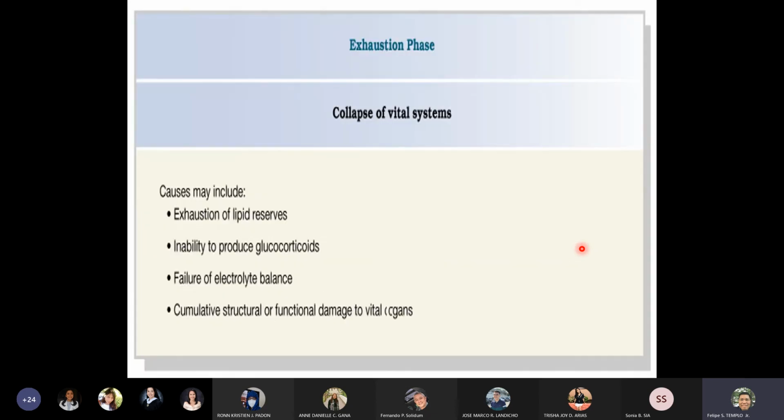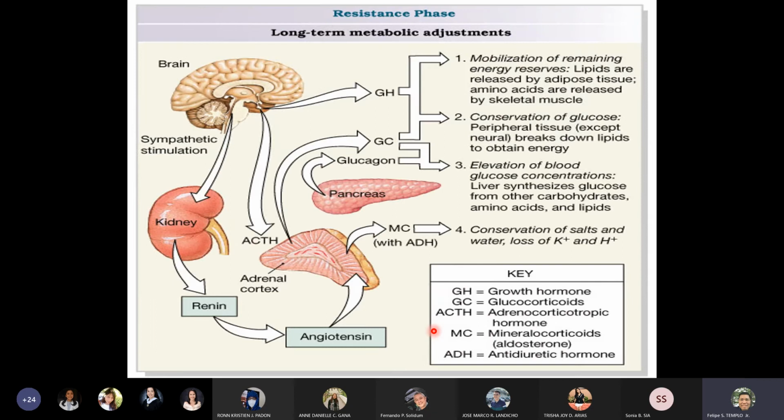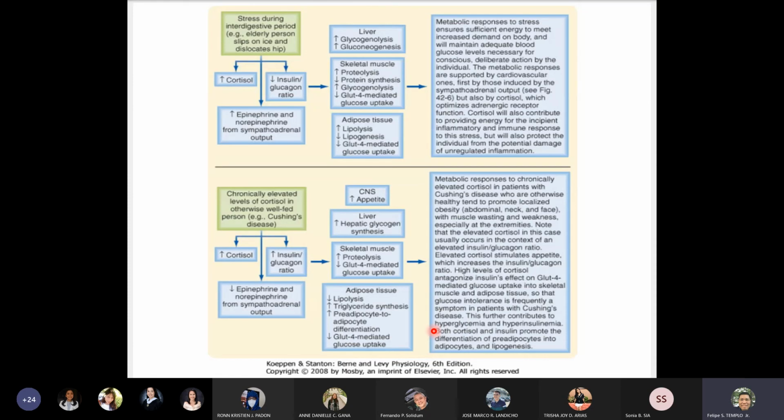And of course, over months or years, there would be a collapse of the vital systems, exhaustion of lipid reserves, inability to produce glucocorticoids, failure of electrolyte balance, cumulative structural or functional damage to vital organs. So hopefully we won't go to the exhaustion phase already.